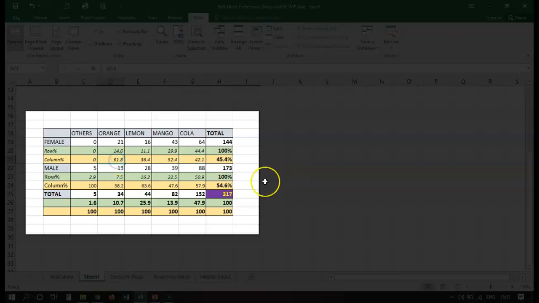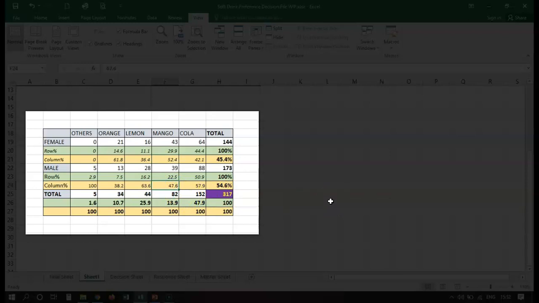Likewise, 61.8% of total orange lovers are female, and 38.2% of all orange lovers are males. Likewise, for lemon, 63.6% are male and only 36.4% are female. For mango, 52.4% are female and 47.6% are male.